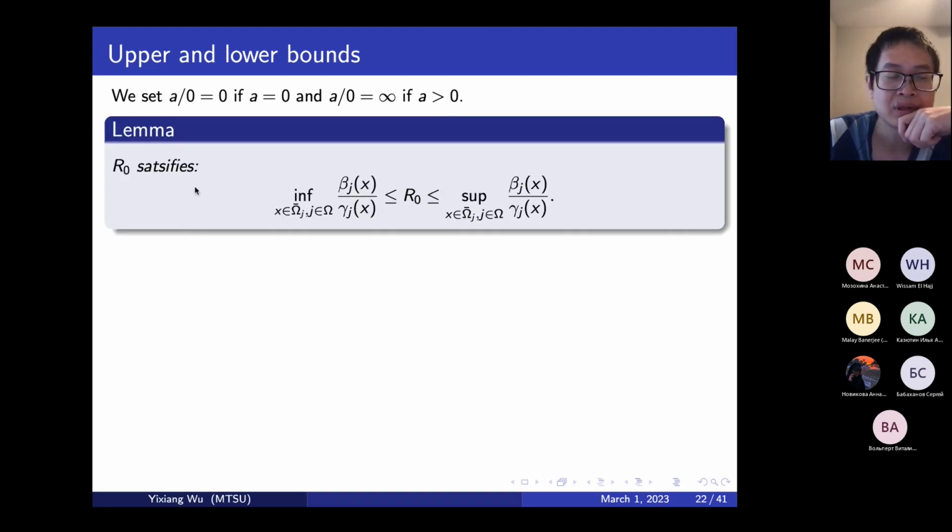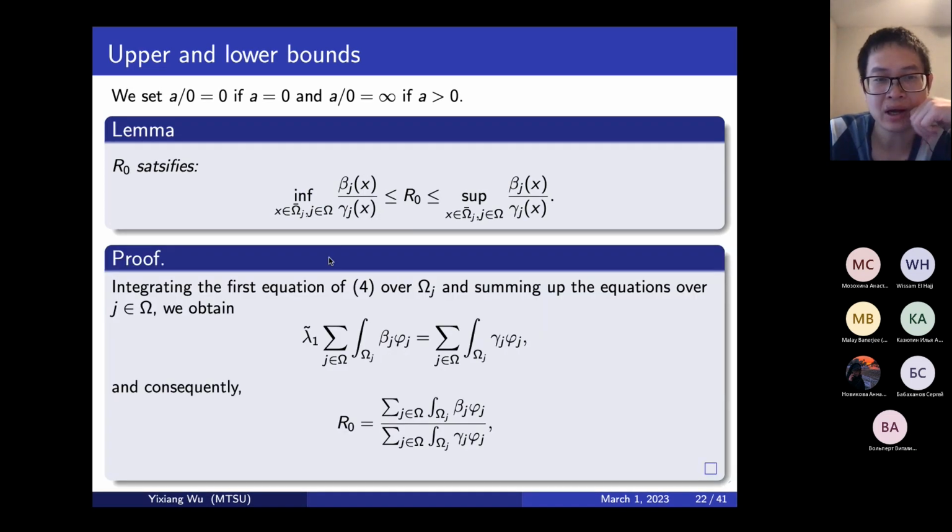Then we can show that R0 is bounded below and above by some expressions involving the local basic reproduction number, beta over gamma. We will call this the local basic reproduction number. This is the basic reproduction number when you don't have movement.